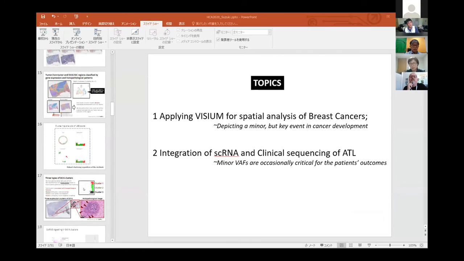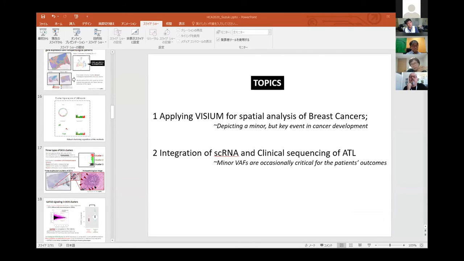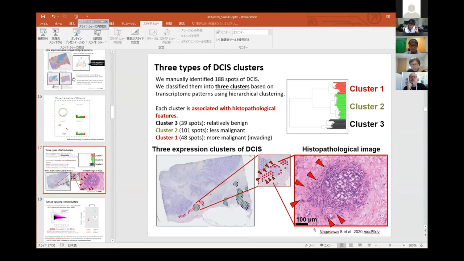The current resolution of this platform is quite limited, not perfect in other words. So we were kind of lucky because these spots were just overlapping between the border of the malignant and the benign cancer cells, like this, the surrounding region.